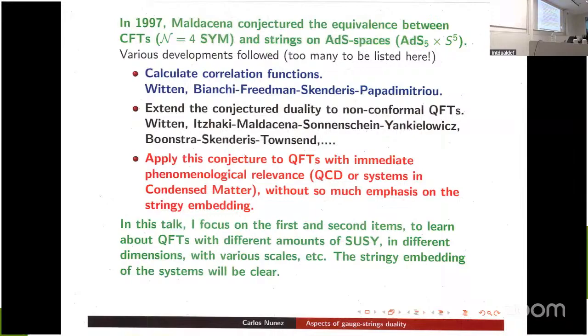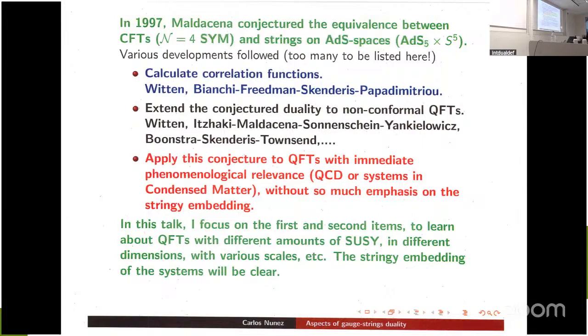Before many of you were in university, before many of you were in kindergarten, in 1997, Maldacena conjectured the equivalence between certain CFTs, N=4 super Yang-Mills in particular being the main example in that paper, and strings on particular spaces with an AdS factor, AdS5 times S5 being the main example in that paper.